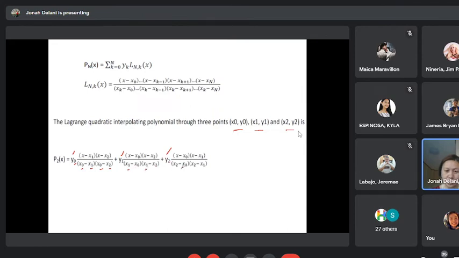Kay 2 man siya, x2 minus the other excess. And the numerator, x minus x of 1. Walay labot ang x0. X minus x of 2. Sa y1, walay x1 sa numerator. Diri sa y2, walay x2 sa numerator.